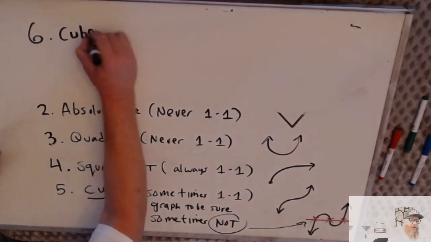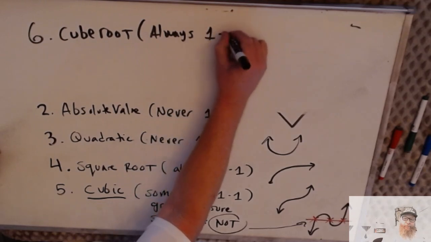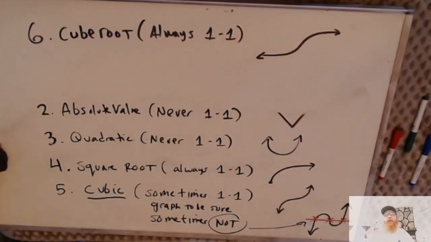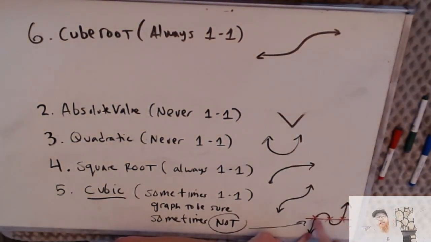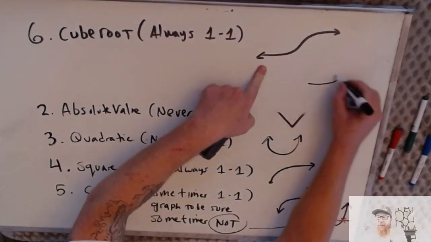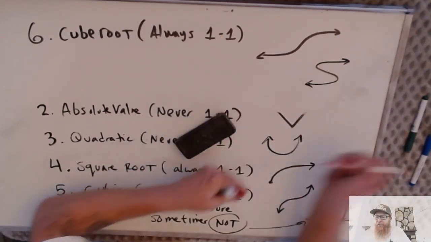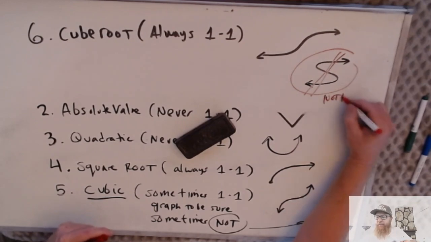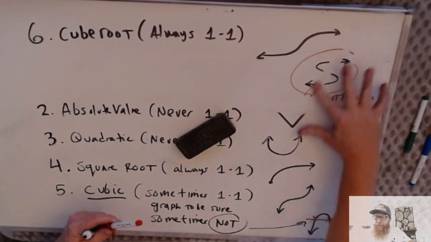Number 6, the cube root. That's going to always be one-to-one. What the cubic does, this little curve here, the cube root will never do that, because if you had a cube root that looked like an S, it would not be a function. This is not a function. I should have drawn those vertically, huh?